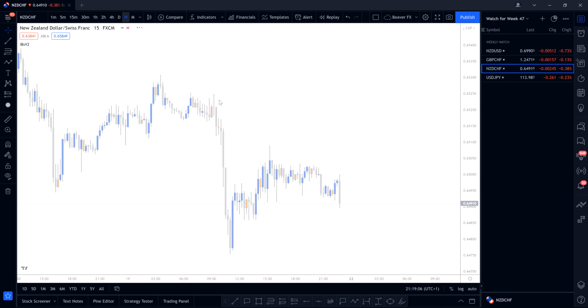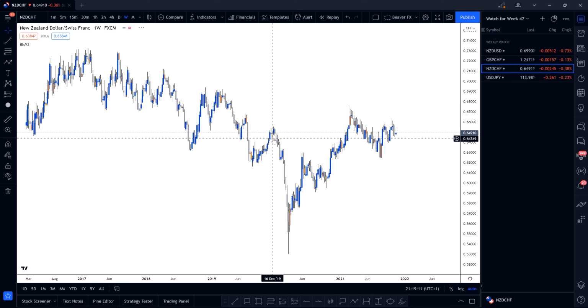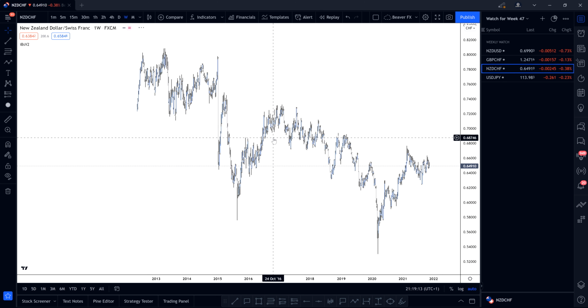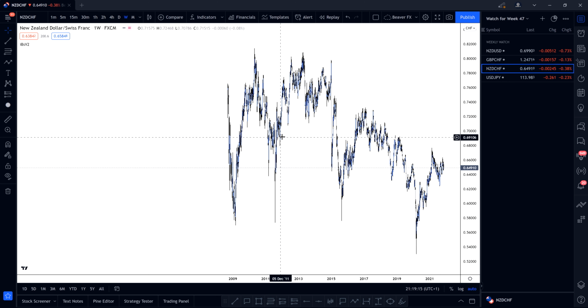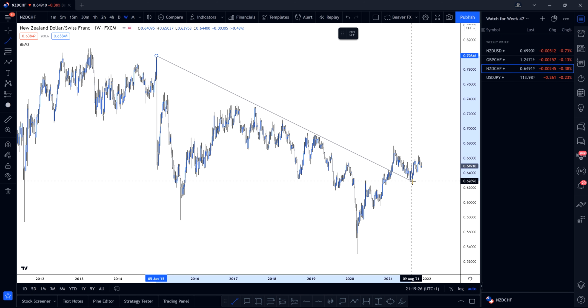Now for NZDCHF, let's go to the weekly time frame and see what we have here. Looking at the weekly time frame, it looks like we've been going slowly, steadily, on a downtrend.